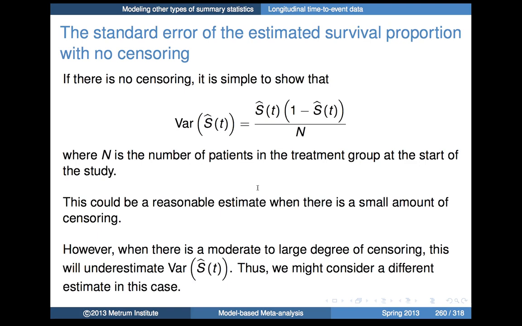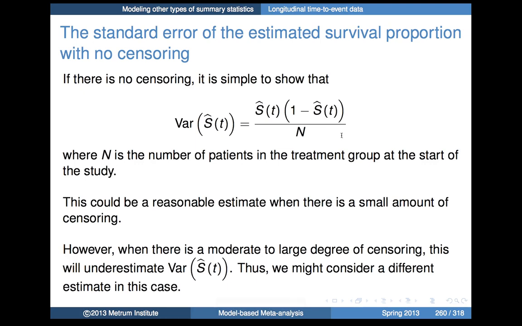So if we were in a perfect world where there was no censoring, so that means there's no patients dropping out of the risk set over time other than for having an event, then it's pretty simple to show that the variance of our estimate of the survival curve is just equal to that estimate times 1 minus the estimate of the survival curve, divided by n, where n is the number of patients in the treatment group at the start of the study.